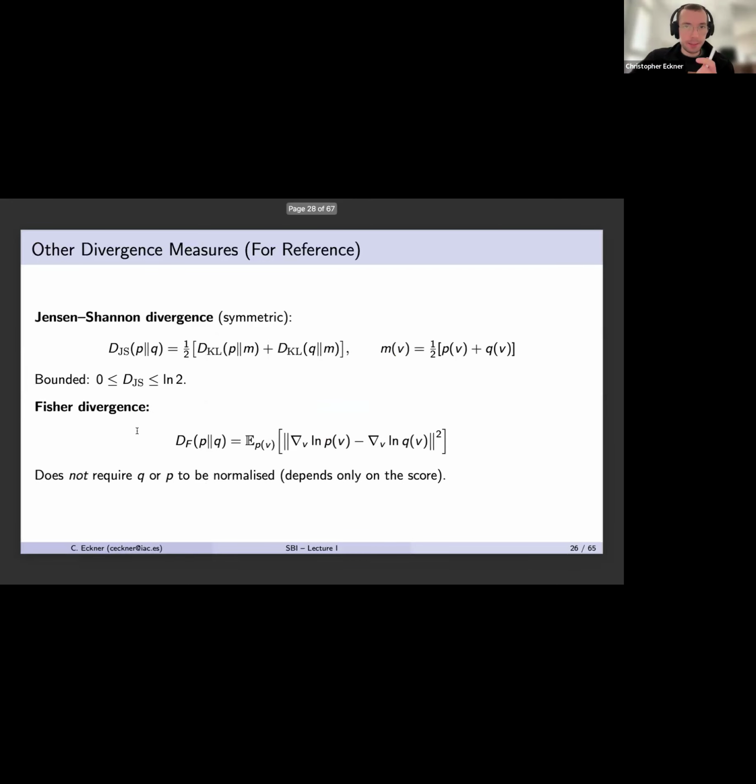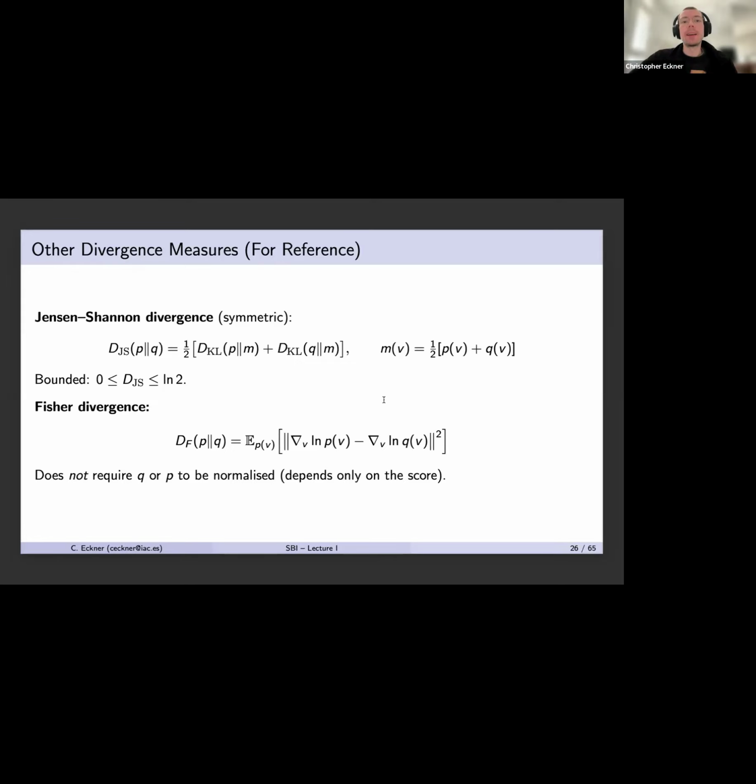Just to mention, there are other measures that you can use to quantify the dissimilarity of distributions. There's the Jensen-Shannon divergence, which is a symmetrized form of the Kullback-Leibler divergence, as you see here.